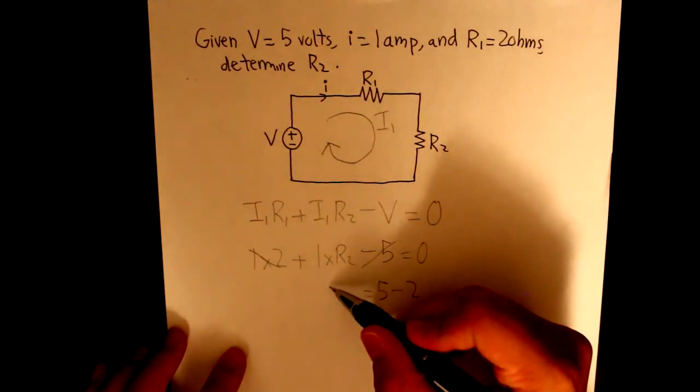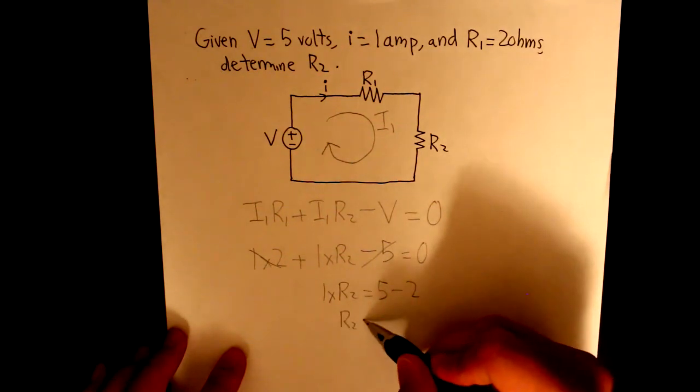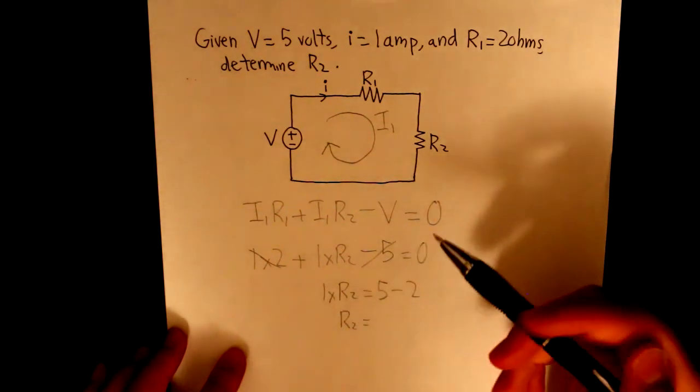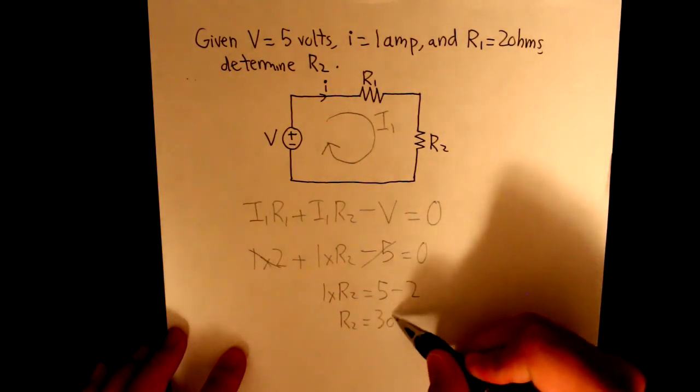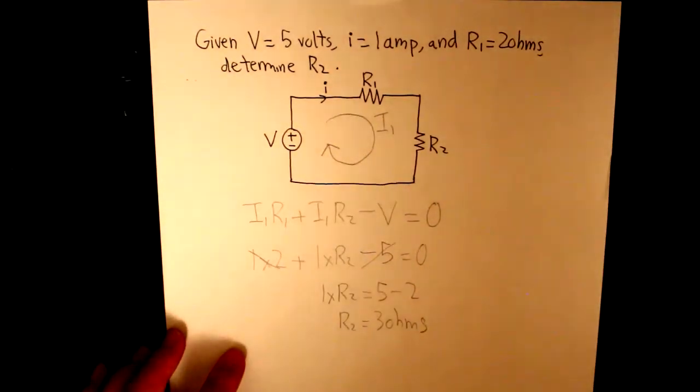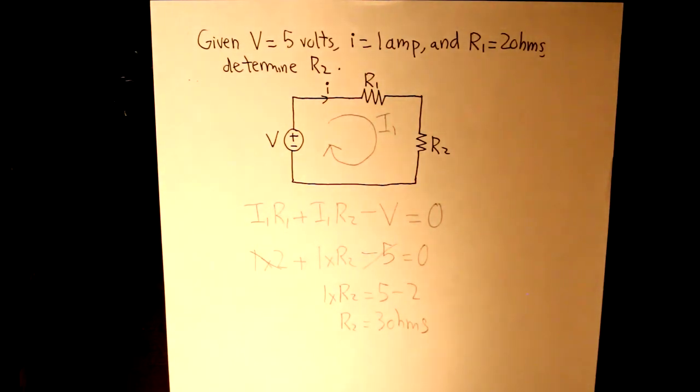We are left with 1 times R2, and we can just get rid of the 1 because it has been omitted. We get 3 ohms, and this is our value of R2 using the process and method of mesh analysis.